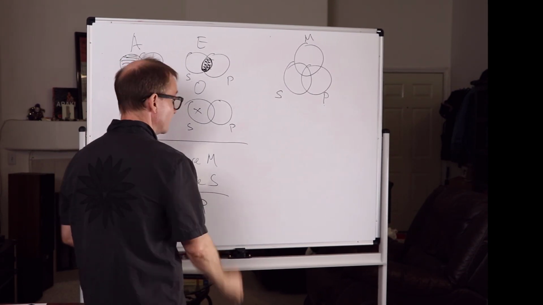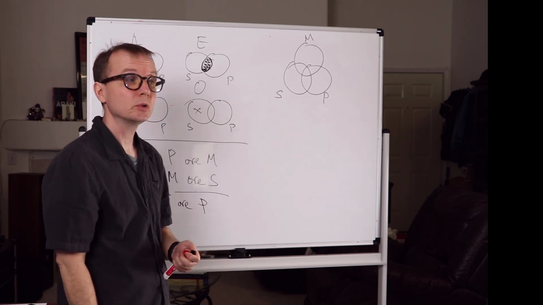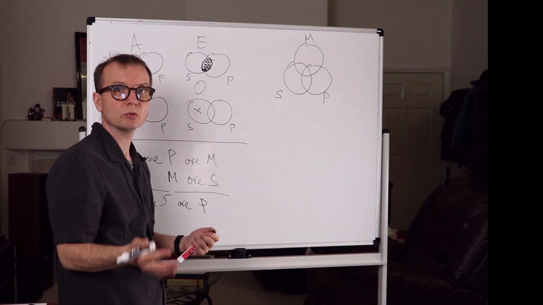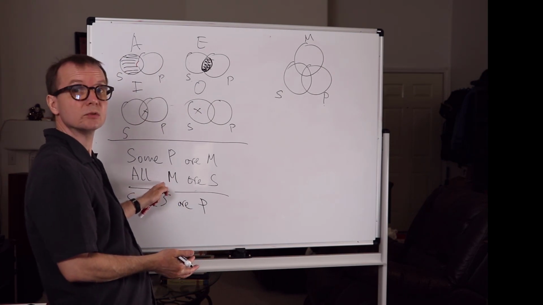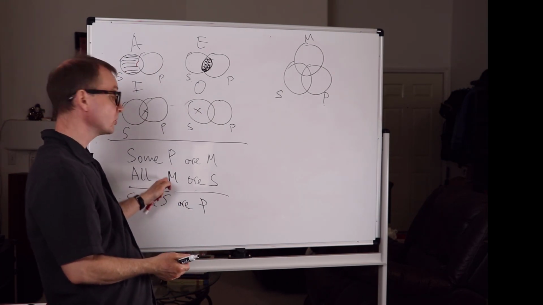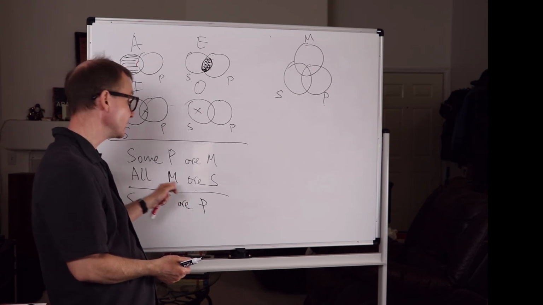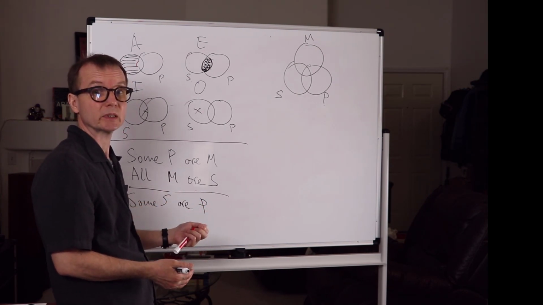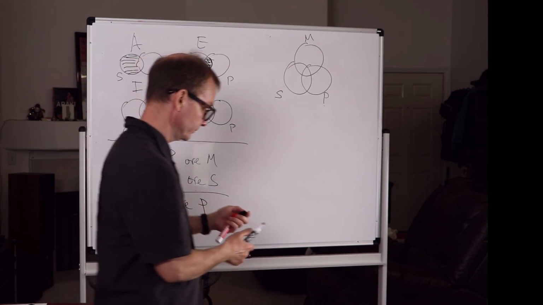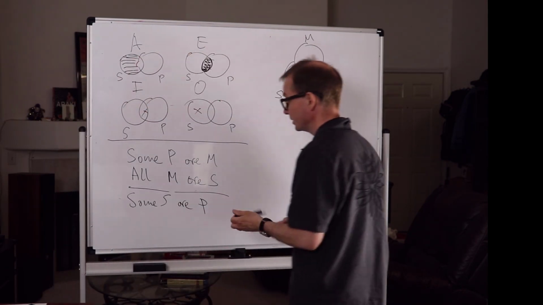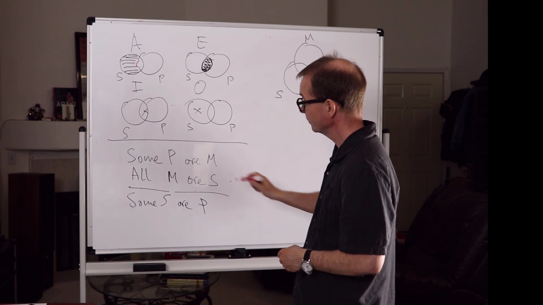Your subject term is called S, your predicate term is called P. Lovely. Now you look again whether you have a universal premise. Actually you do. This one is universal. So you have to start with this premise, even though it comes second. All M are S. Now, this is the premise we are looking for.